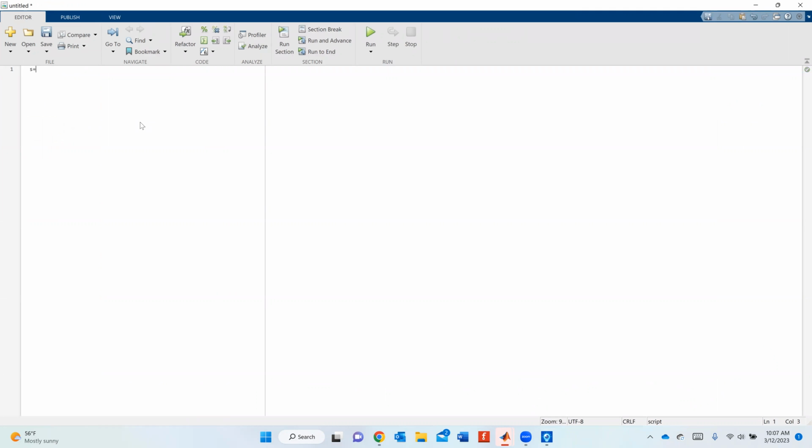So remember, S is equal to the transfer function of S. Then we have our G equal to S plus 1.5 divided by, and in my denominator I have S, times S plus 1, and then times S plus 10.